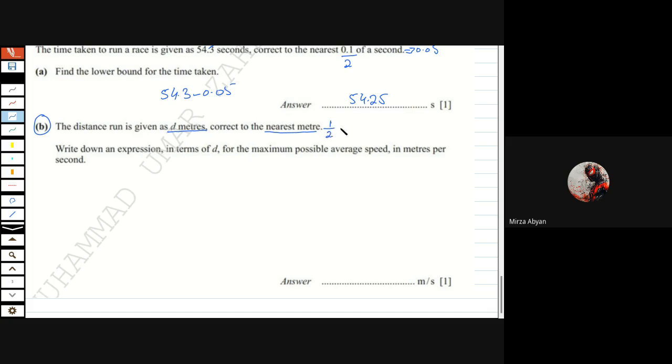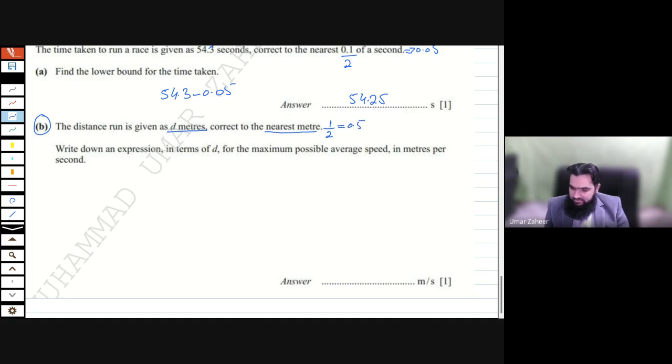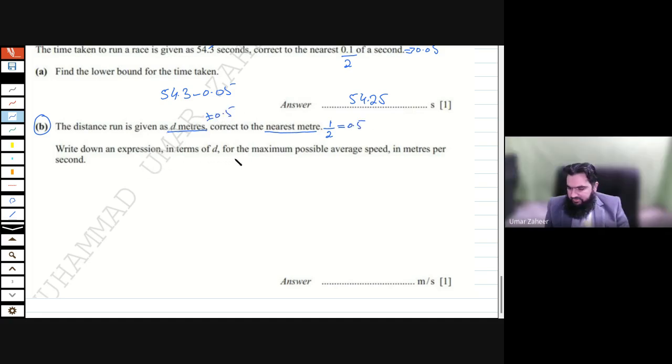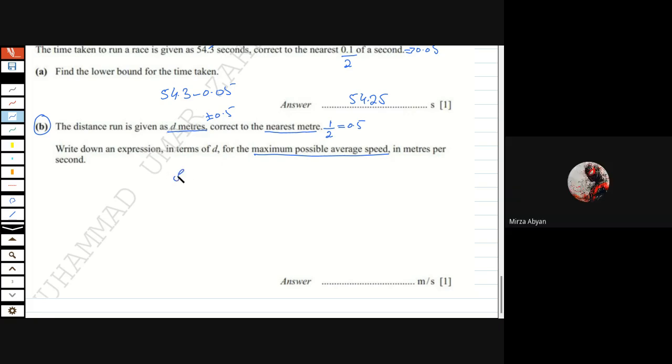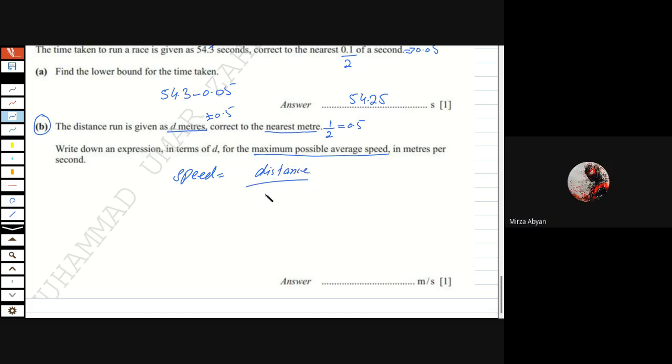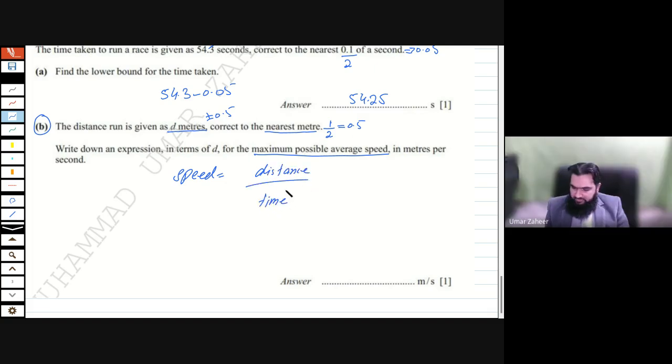Yeah, it's the meter. So 1 by 2, that is 0.5. Plus minus 0.5. Write down the expression in terms of d, the maximum possible average speed. So first of all, can you please tell me what is the formula for the average speed? Sir, speed is equal to distance divided by time.